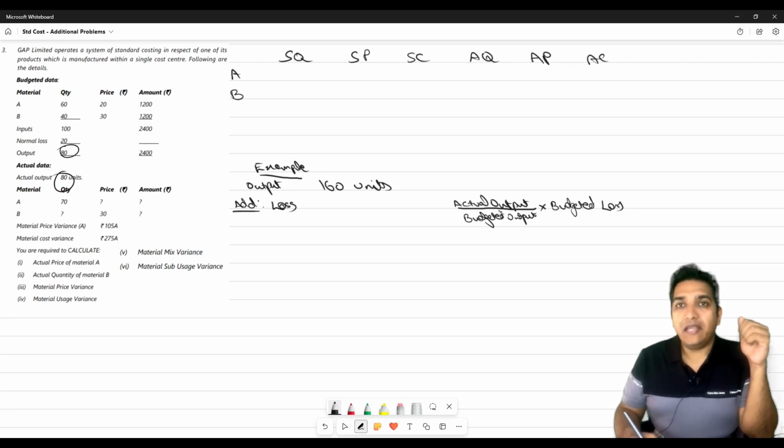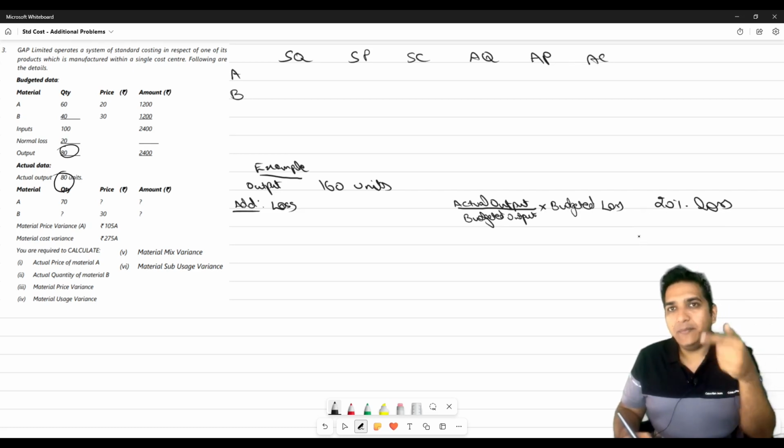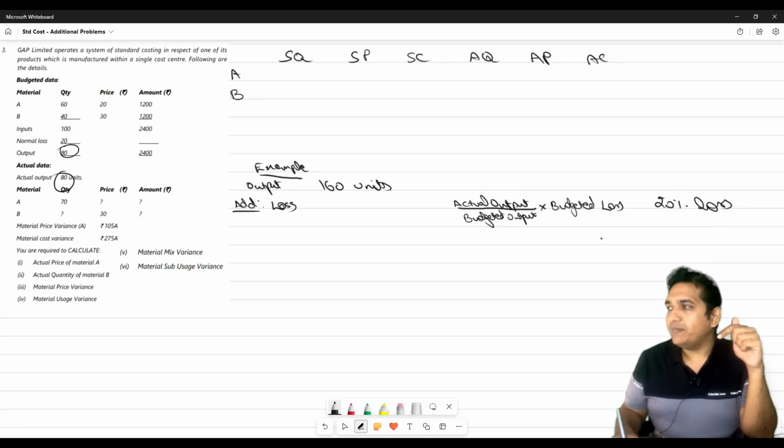If the question says the percentage of loss, let's say for example they give 20% loss, then this 20% is not on my output. It is not 20% into 160. Okay, this will be wrong, right?